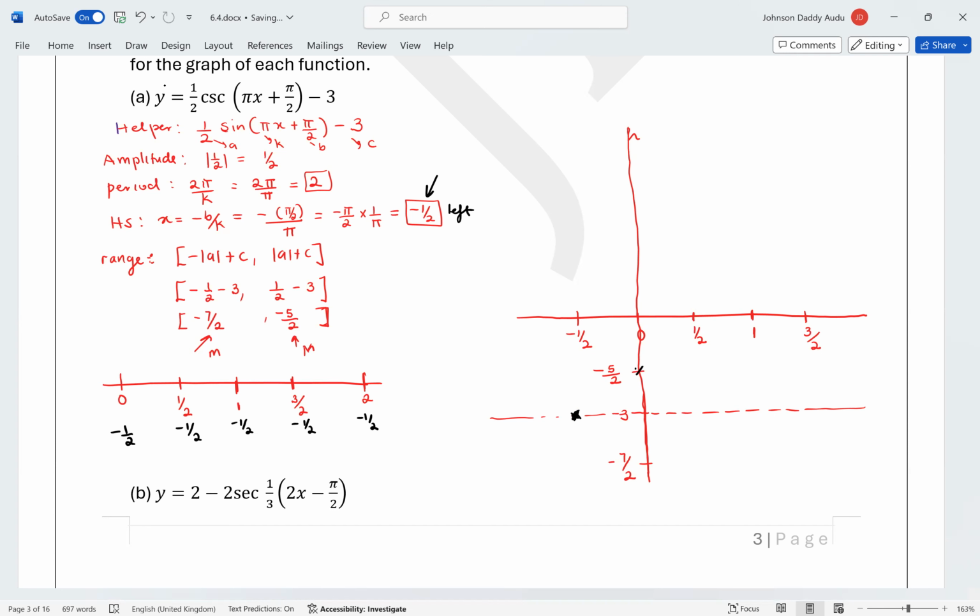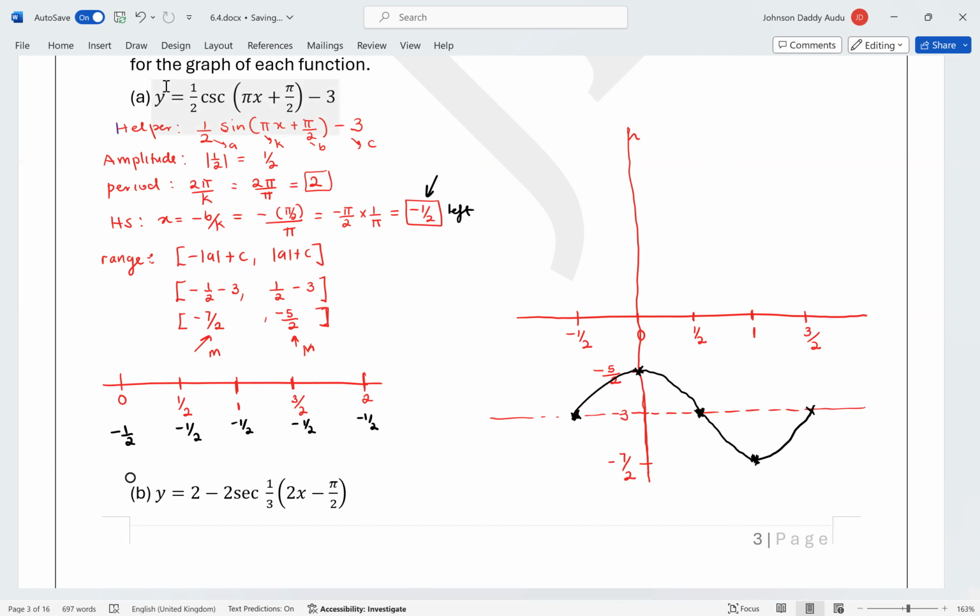At half, we are back to the baseline, minus 3. Then at 1, we go to the minimum, minus 7 over 2, and then back to the baseline at this point. So it's going to be something like this.